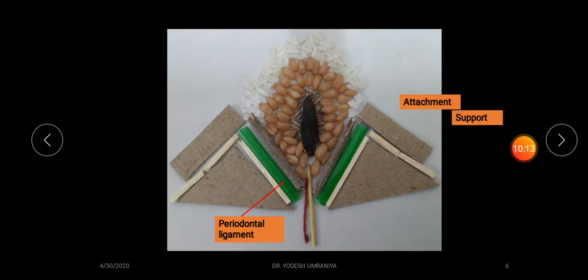Next function is supporting the teeth over the bony socket, as well as remodeling of the tooth, particularly in any dental treatment, which is supported by modification in this periodontal ligament. So these are the three basic functions: attachment, support, as well as remodeling.